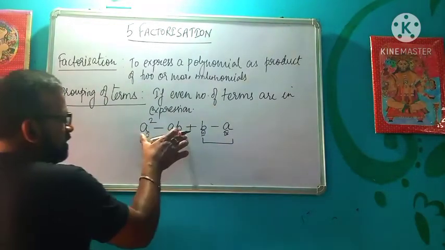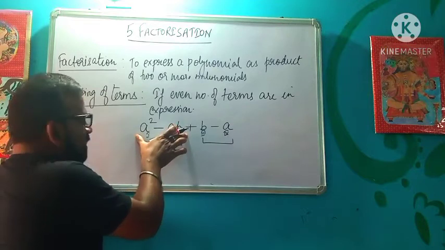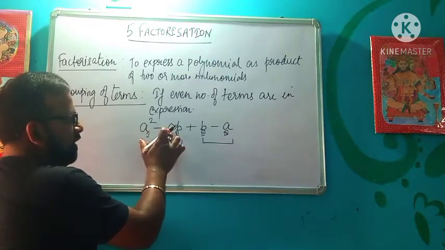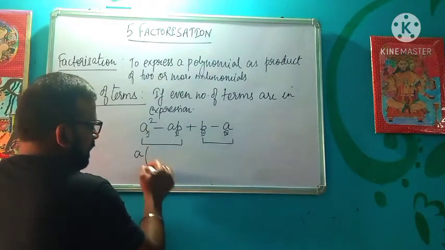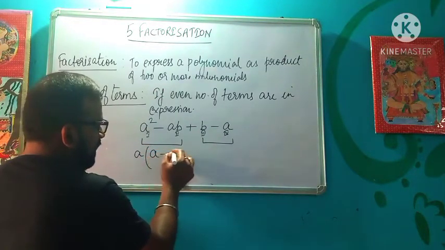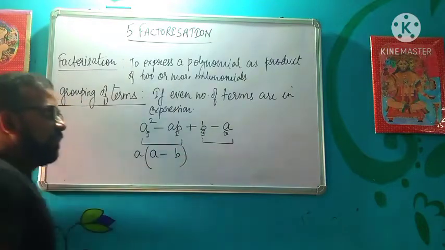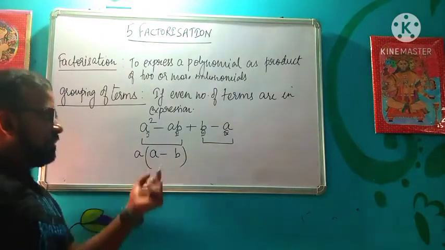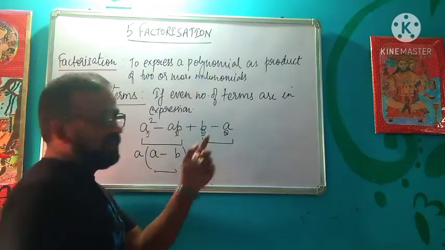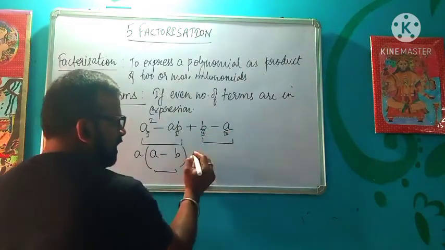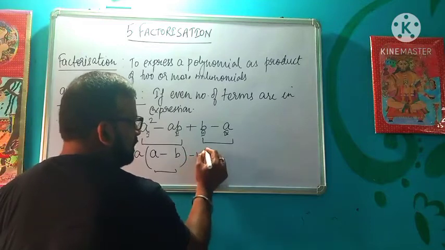Now I will use the common term method: among a square and ab, a is common. If I take a out, it becomes a minus b. Now I will try to make a minus b here. This is b minus a, so I will take minus 1 as common.